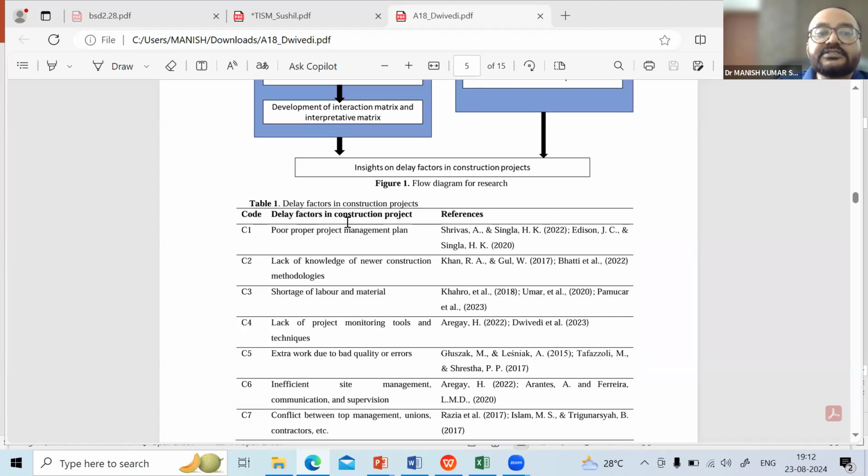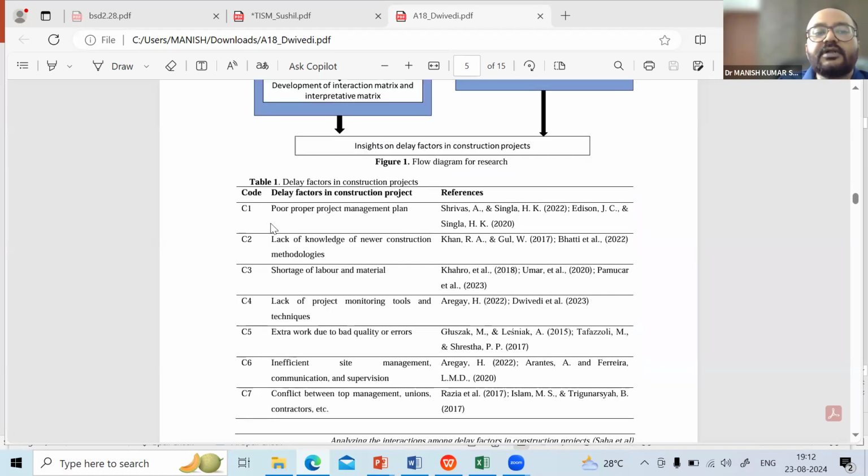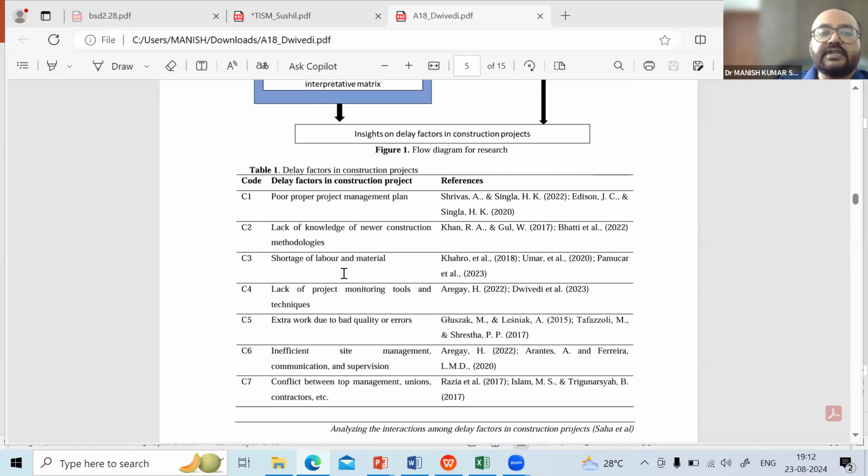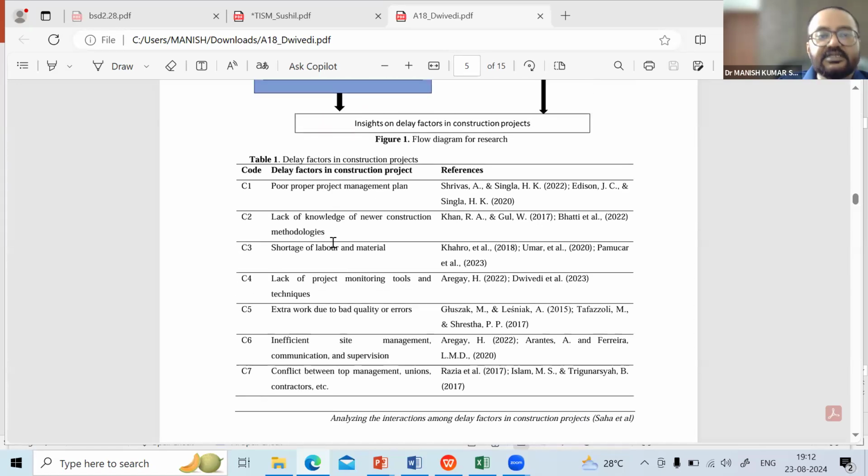So you are defining C1, and then you want to understand whether the poor project management plan will have an impact on or influence the lack of knowledge, or C2 is influencing C1. That you have to find out. That we do in this paper, that is done. So the lack of knowledge of newer construction methodology. So poor project management plan leads to lack of knowledge of newer construction methodology. So that is the first question you have to prepare.